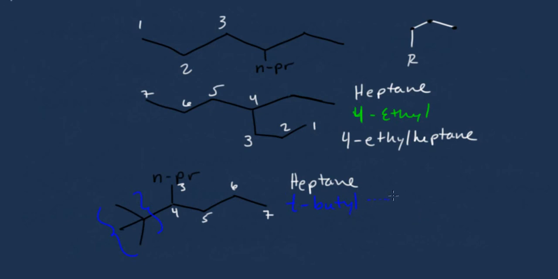So let's begin naming this. We have our only substituted group, which is on the 4, and we have our t-butyl. Then our parent chain is heptane. And this is how you'd correctly name our molecule.